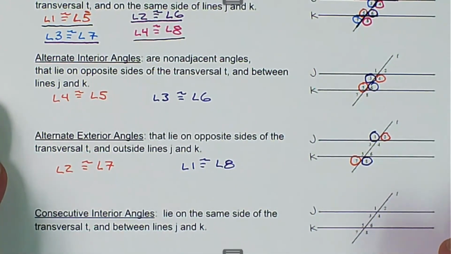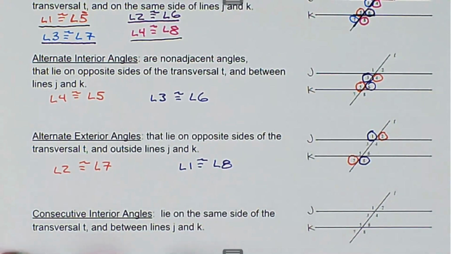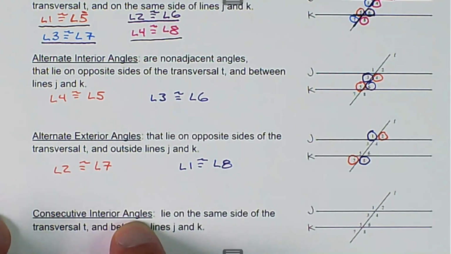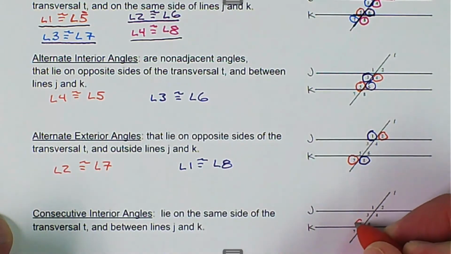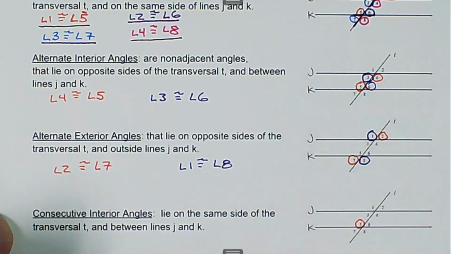And then we have the last example that we'll talk about, and this is consecutive interior. They lie on the same side of the transversal and between J and K. So in this case, we'll start with angle 5 here because we need to be interior. So we picked angle 5, and they have to be on the same side of the transversal.